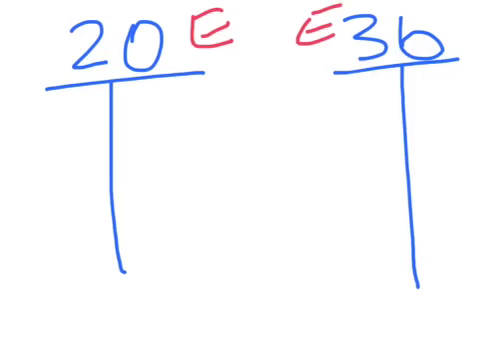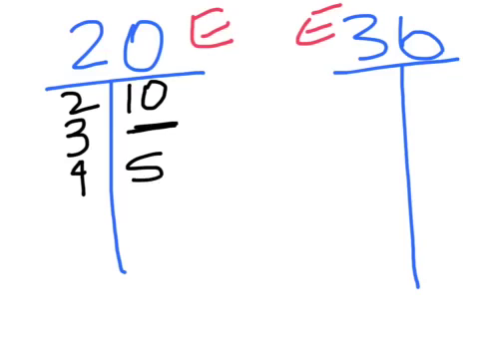So let's start with that. 2 times 10. 3, no, nothing times 3. 4 times 5. 5 times 4. Wait a minute, I noticed that 4 and 5 seem to be repeating. When I start repeating, that tells me that I found all the factors for that number.